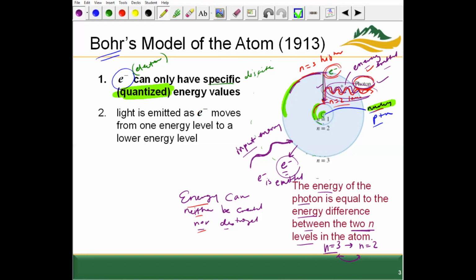And the emitted photon can go on the same trajectory of a wave like we saw in part 1. So light is emitted as an electron moves from one energy level to a lower energy level. It can be from N equal 3 to N equal 2, could be from N equal 4 to N equal 1, so a higher energy level to a relatively lower energy level.